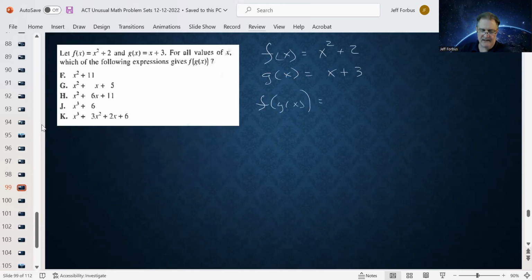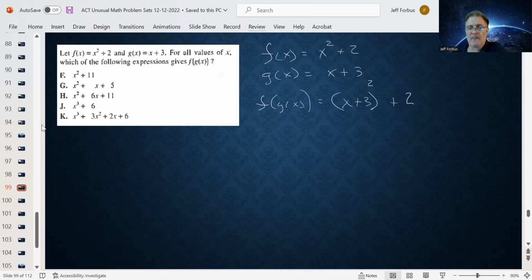So we've got to take g of x and put it into f of x. So we're going to take x plus 3, and we're going to put it into the x in f of x. So x plus 3, we want to square that because f of x is squaring the x. Now we're going to add 2.